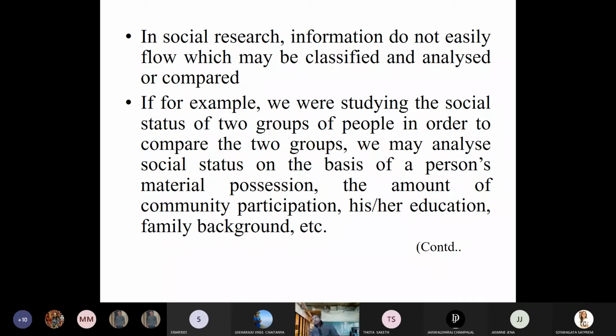Through that, what can happen? Suppose we found that through yes, 40% of people told that okay, I am satisfied with this project, and 60% told not satisfied.